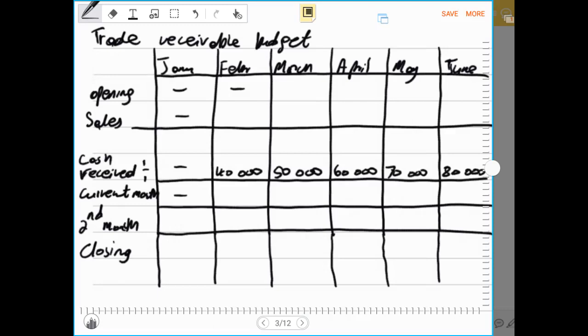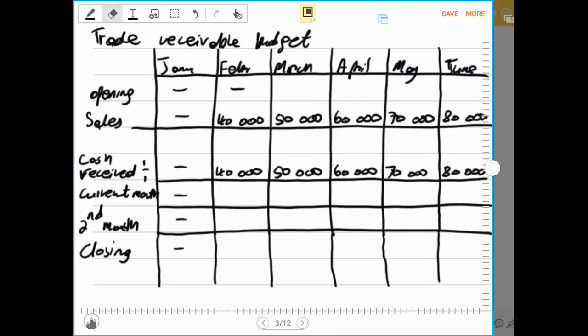Then after, now remember, there was no payment, closing was 0, opening will be 0. Therefore now our sales are here, 40,000, 50,000, 60,000, 70,000, and 80,000 rands. I don't know why I'm making all these mistakes.